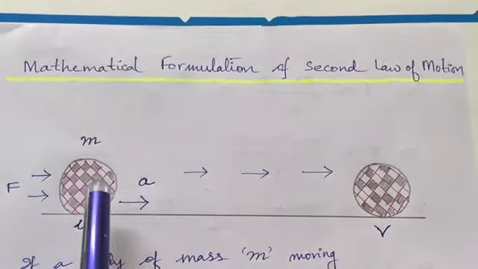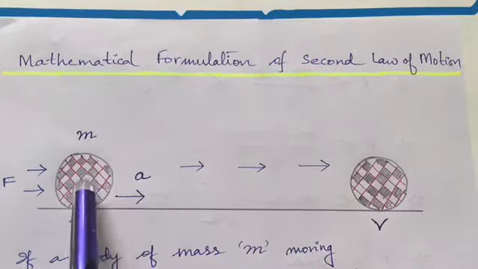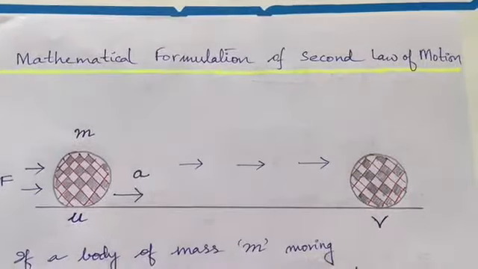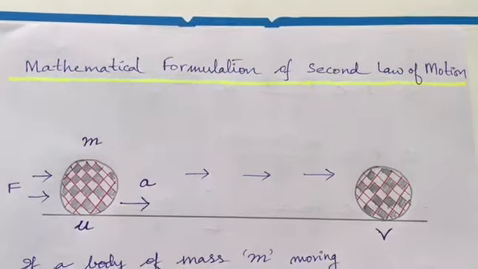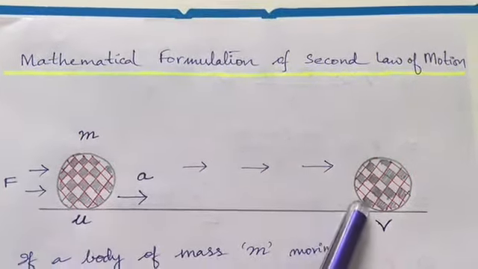Now suppose this ball has to move from this position to this position; automatically the ball will not move.